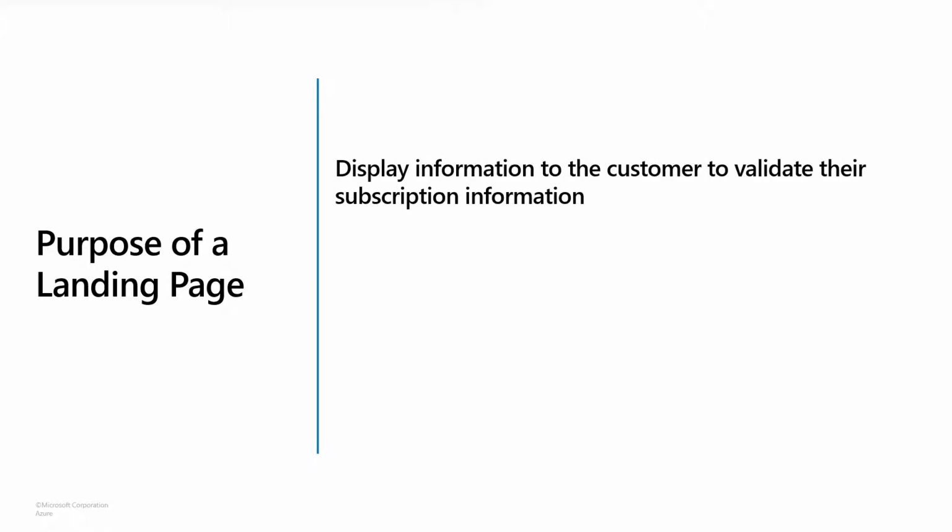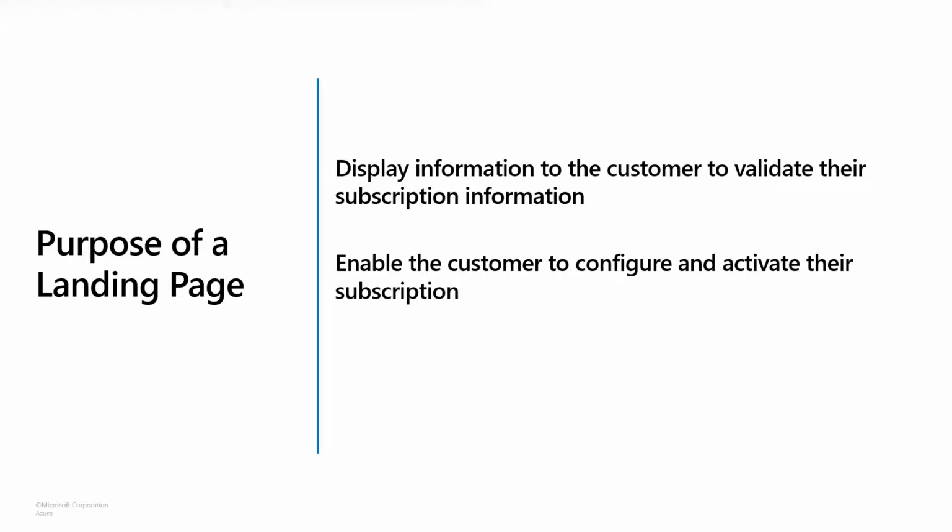So we'll start with the purpose of a landing page, which is manyfold. First of all, customers need to validate their subscription information. That is to say, they want to make sure that they're buying the product on the right subscription. So we want to show them that information. We also want to enable the customer to change things on that page should they want to, or should that be part of your setup process.